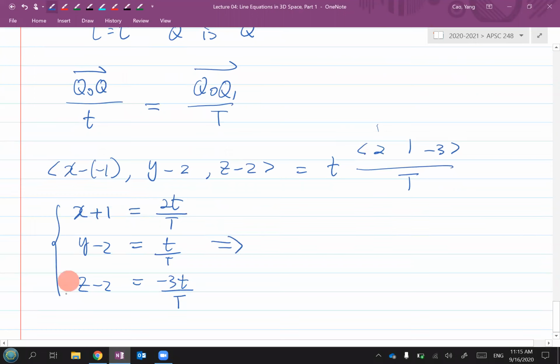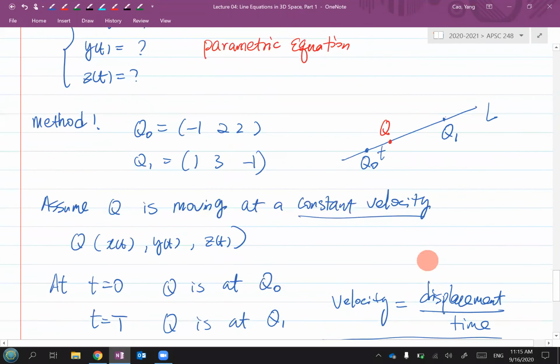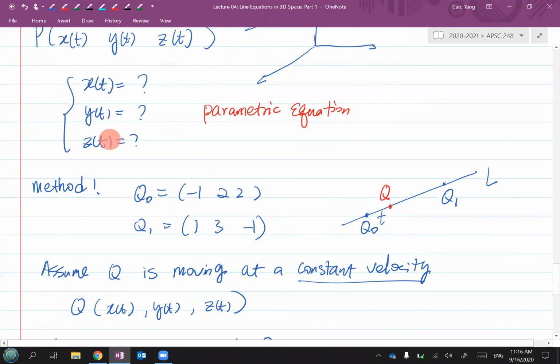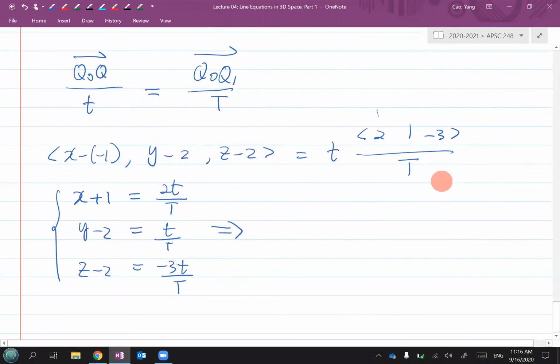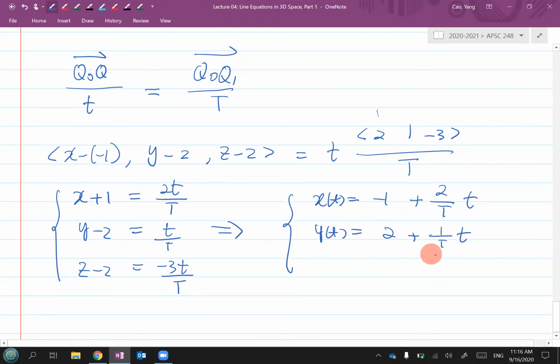I will simplify this a little more, because remember, we're looking for the parametric equation x of t, y of t, z of t. So I'll write it out for each one of them. x of t equals -1 plus 2 over capital T times small t, singling out the t to make it more obvious. y of t equals 2 plus 1 over capital T times small t.